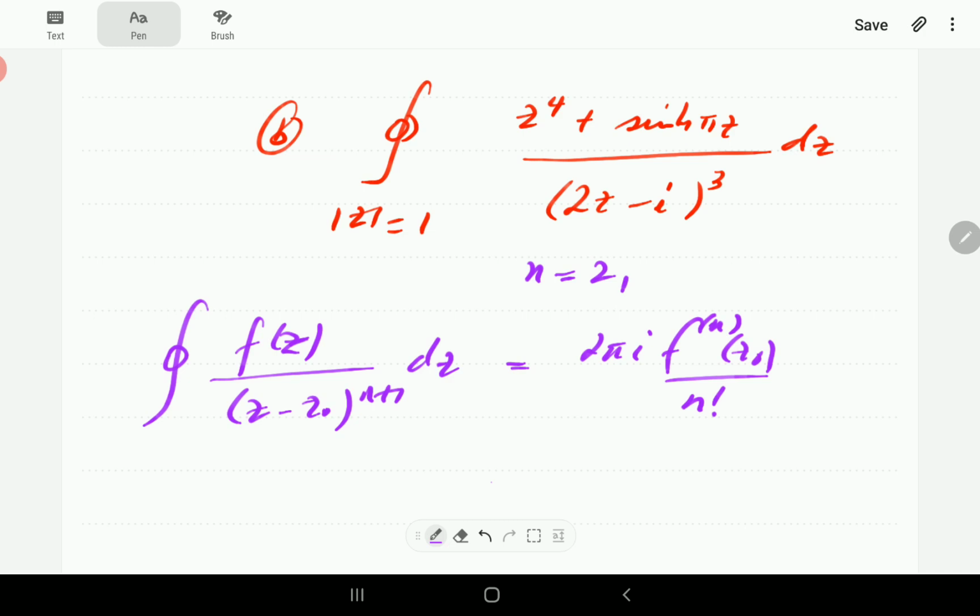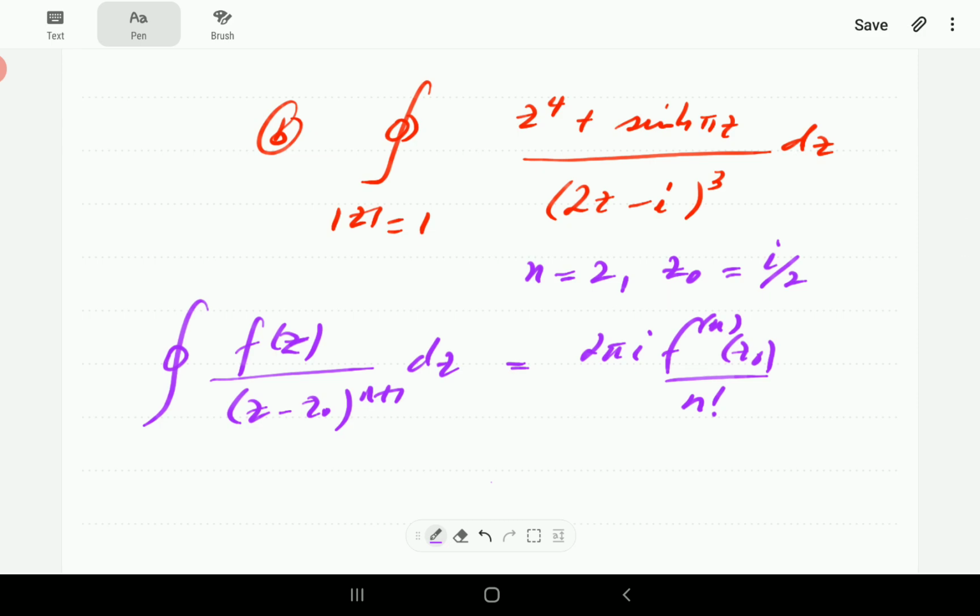And then for the singularity z naught, we're going to have to take this and equate it to 0. If we do that, we're going to get z naught equals i over 2.